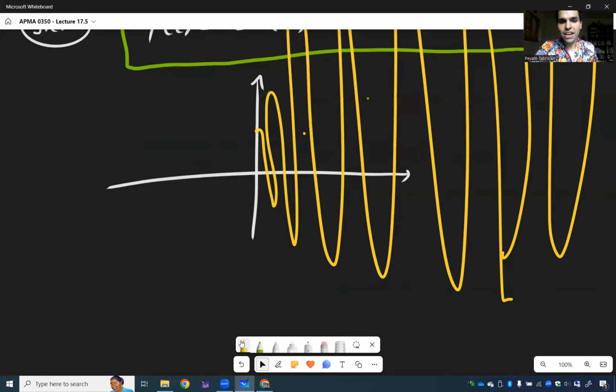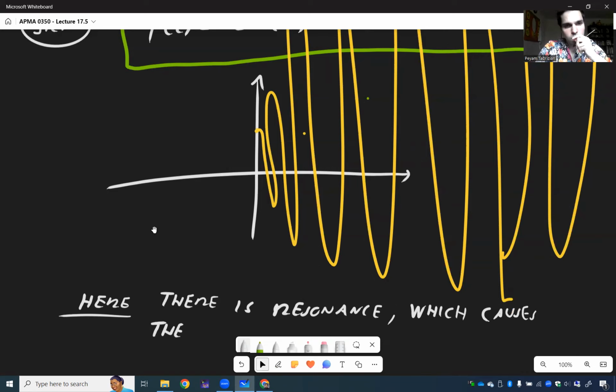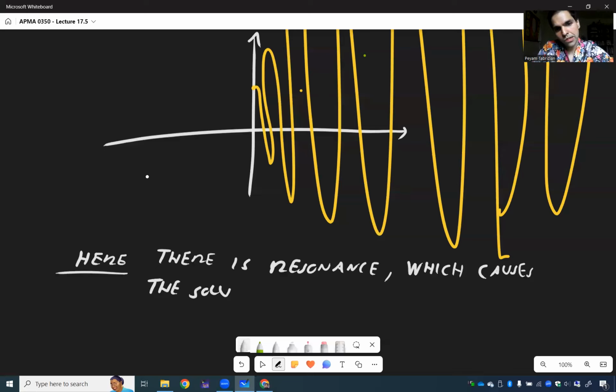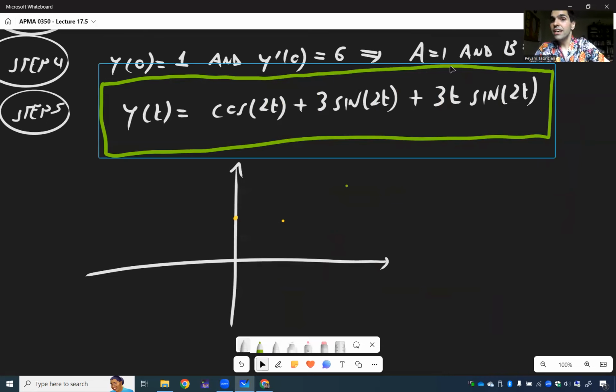So if there is resonance, which is the case here, it kind of causes the solution to blow up. And that is because of this 3t sine of 2t term.